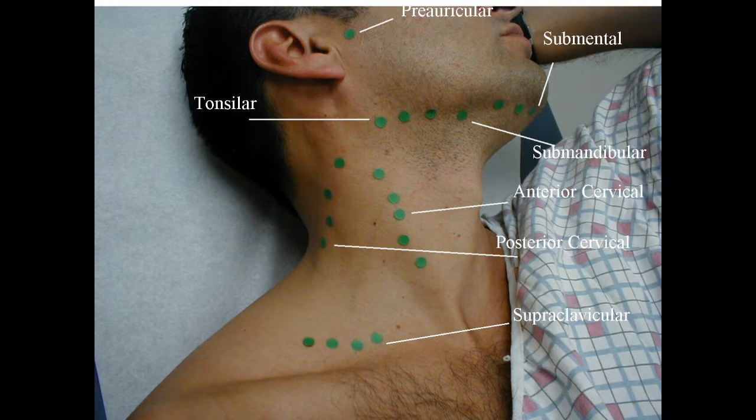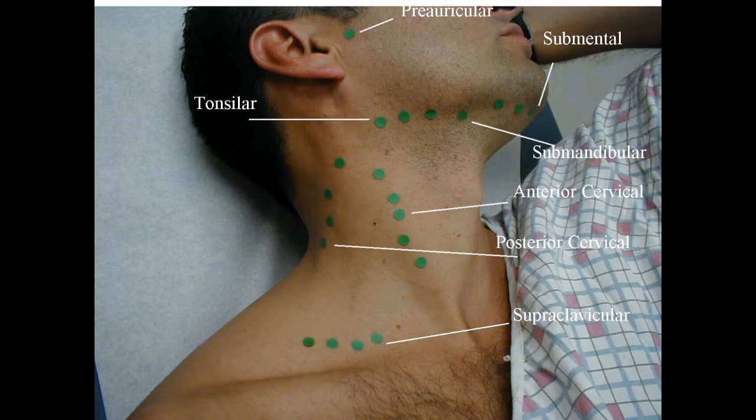Nodes that lie both on top and beneath the sternocleidomastoid muscle (SCM) on either side of the neck, from the angle of the jaw to the top of the clavicle. This muscle allows the head to turn to the right and left.